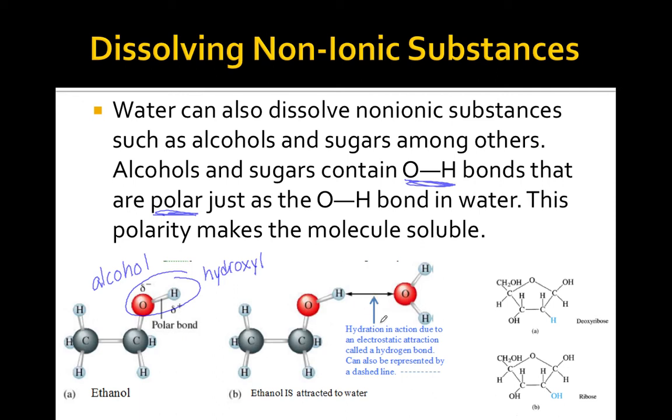And this is what is called a hydrogen bond. We'll talk more about hydrogen bonds later on in the year. Sometimes you will see this electrostatic attraction represented with a dotted line instead of this arrow with a full line, just so you're familiar with that.